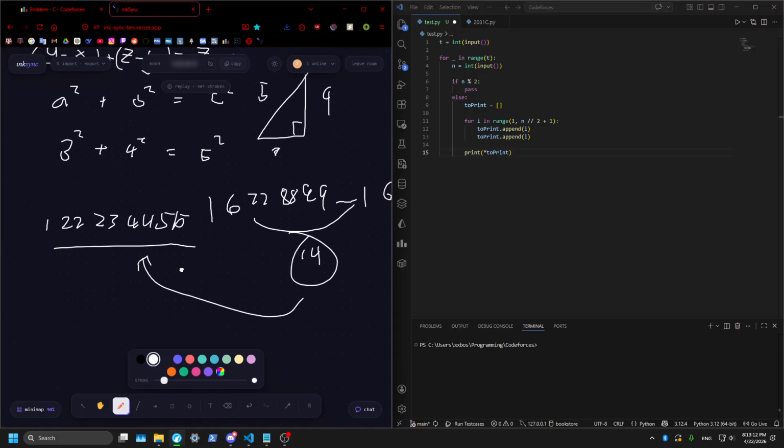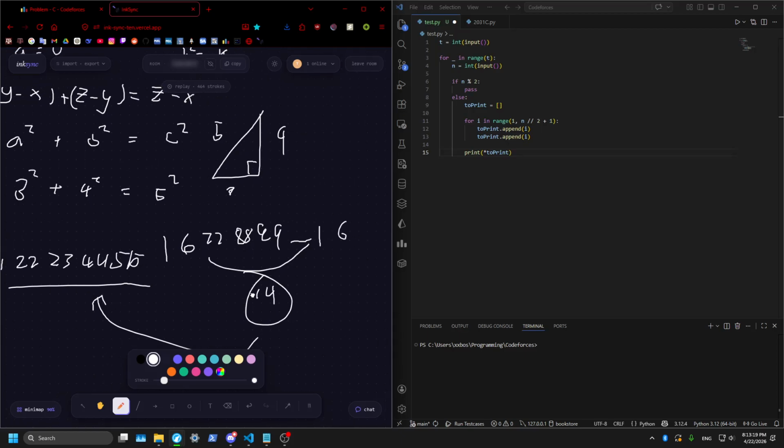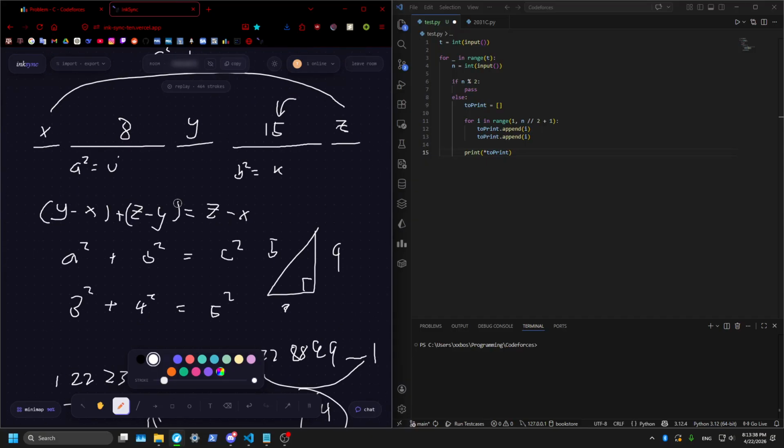And now we have this hard-coded block that works for every n. This block range is going to be 26, right? Let me think. 1, 9, 15, 1, 2, 3, 4, 5, 6, 7, 8, 9, 10, 15.